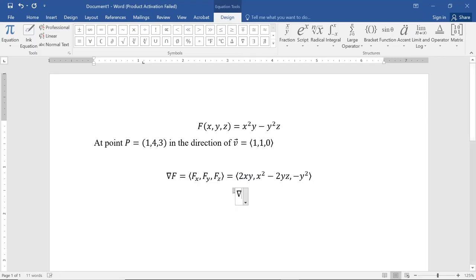Now this means if I take the gradient at the point 1, 4, 3, it's going to give me a specific vector. If I plug in 1 for x and 4 for y, the first component becomes 2 times 1 times 4. That's 8. The second component becomes 1 squared minus 2 times 4 times 3.